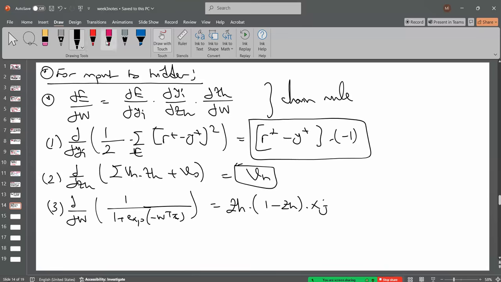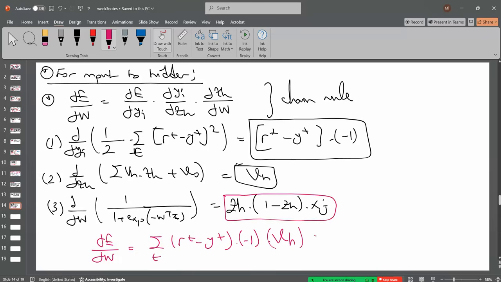Okay, and so in the final case we have these coefficients: the summation over t of (r^t minus y^t), this is the first term, times minus 1 times v_h, this is the second term, and this is the third term: z_h times (1 minus z_h) times x_j^t. Okay?